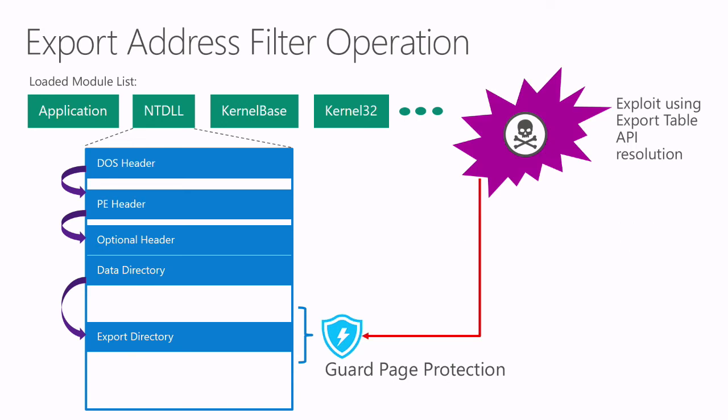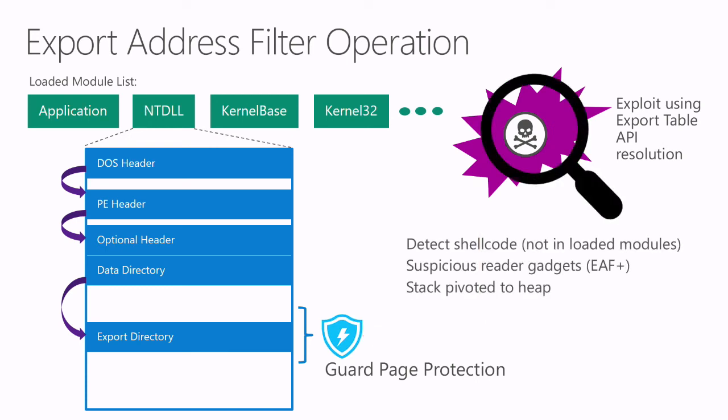So if the attacker tries to look at the export directory for, let's say, NTDLL, it'll trigger the guard page exception. Our code will then take control of the thread in that process, and we can inspect and see, OK, who's reading this export table? Is it a normal, valid scenario for looking at the export table, because there are normal use cases where this happens? Or does it look suspicious? Does it look like an exploit, and should we block it?